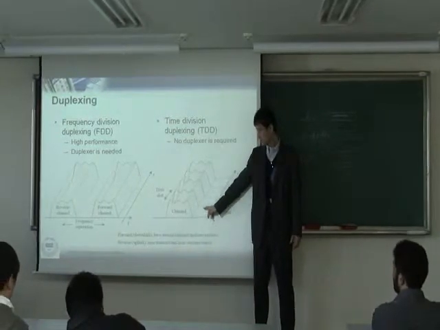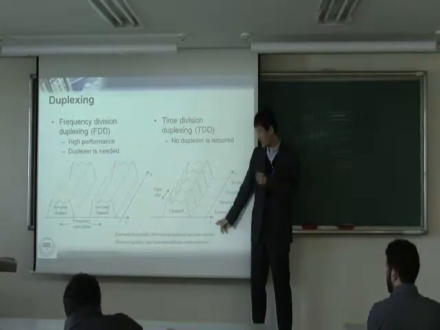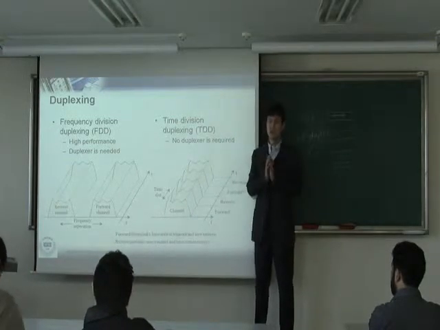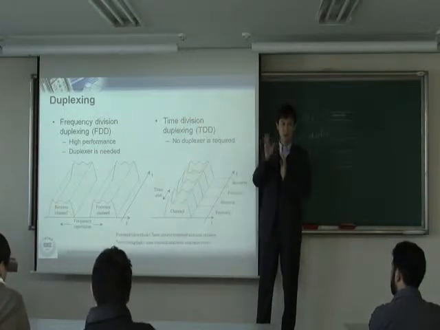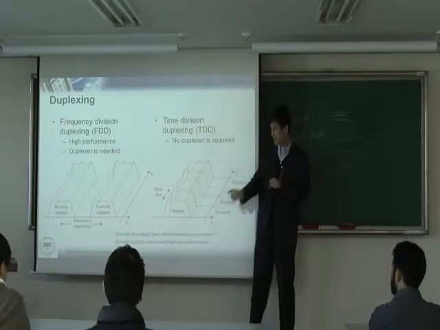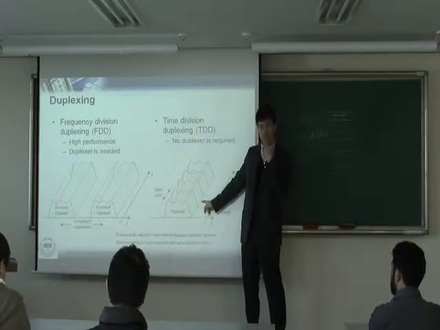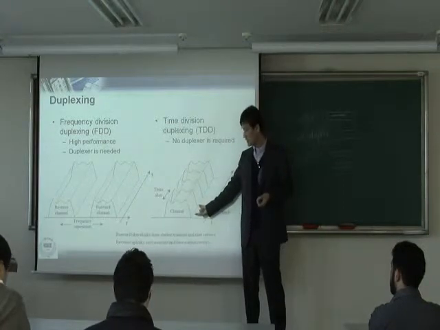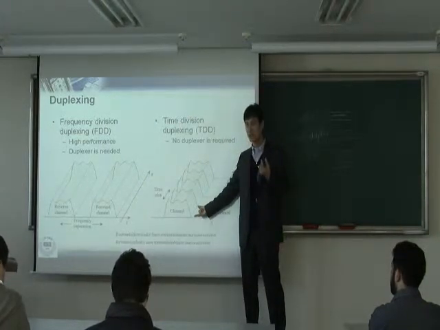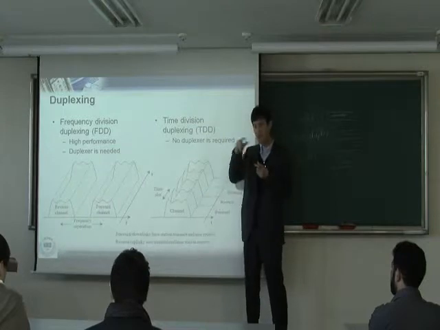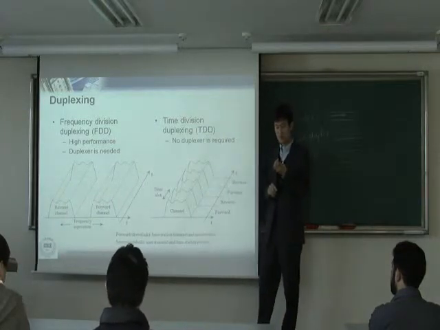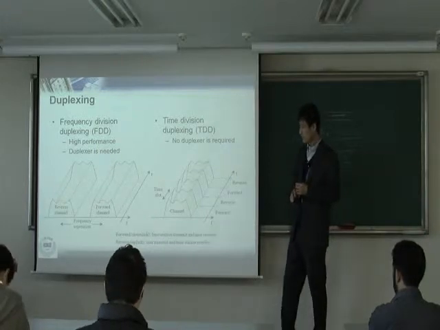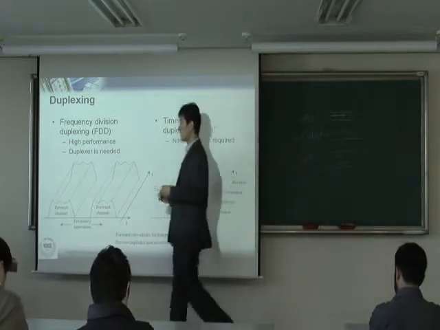If this time were significantly large, people would feel it: when I'm listening, I cannot speak. People could find out. But this is very, very tiny, so there has to be a lot of fast switching, and people do not realize. So that's time division duplexing.